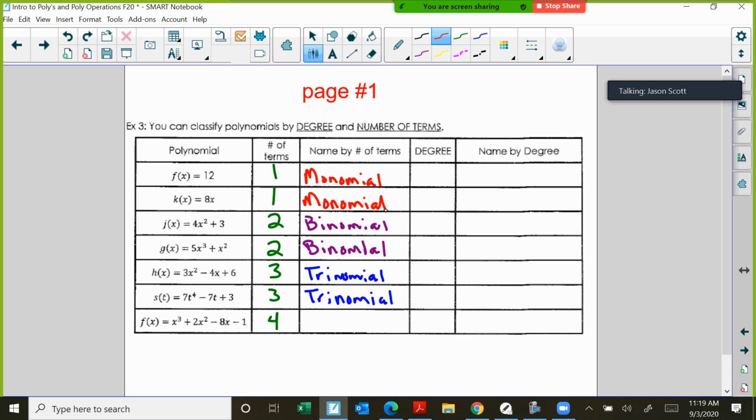The last one does not have a special name. Anything beyond a trinomial is just called a polynomial. So this last one is just a poly. So we have monomials, binomials, trinomials, and polynomials, and they're attached to these terms that are to the left of them.